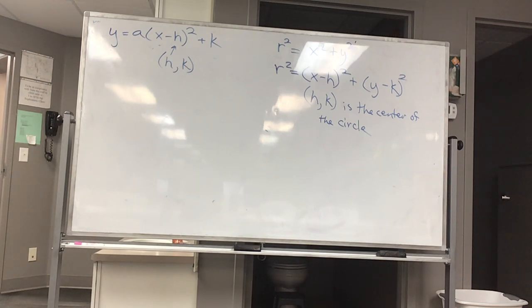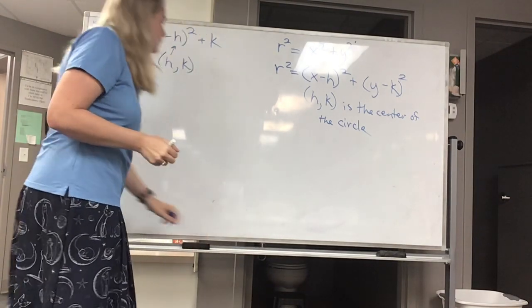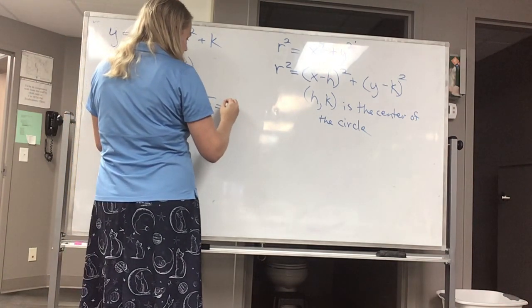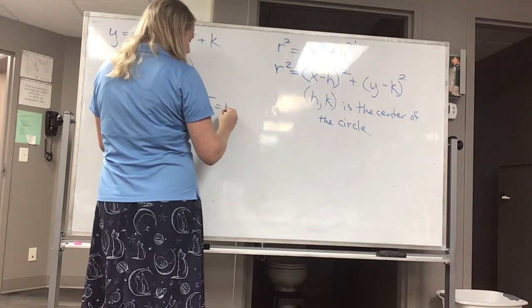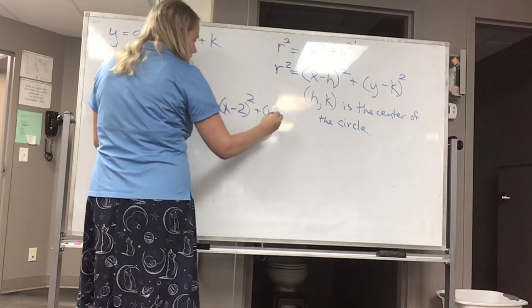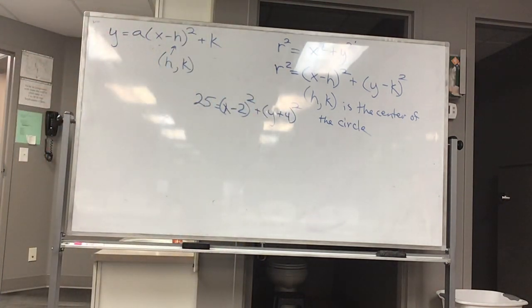I marked an easier one, but I don't, so we're going to save the example for later. So if we have just this equation, they might just ask you, what's the radius? How would we find the radius?